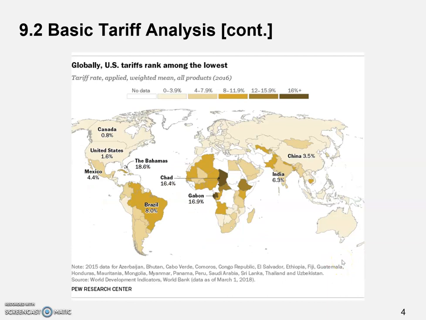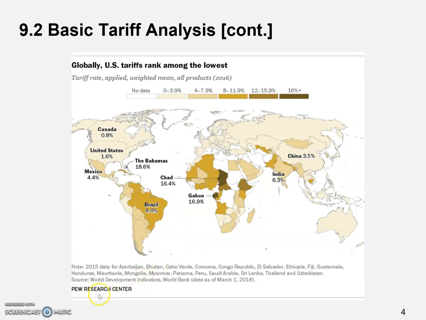Now this chart shows a cross-country comparison of tariffs. The darker the color of a country, the higher the tariff rate, and the lighter, of course, the lower the tariff. For the U.S., we find that on average it's about 1.6%, which is ranked among the lowest-tariff economies.